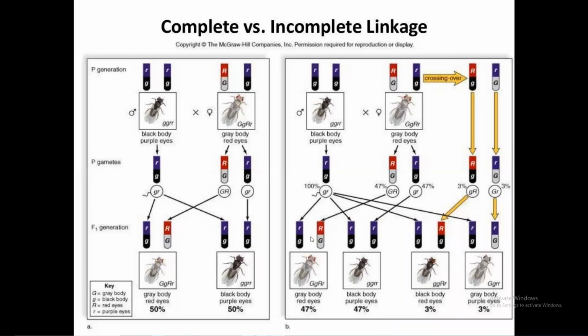So r, small g, and another combination can be capital R, capital G. If we write the genotype, capital G, small g, capital R, small r. This genotype gives gray body and red eyes. These are 47%.